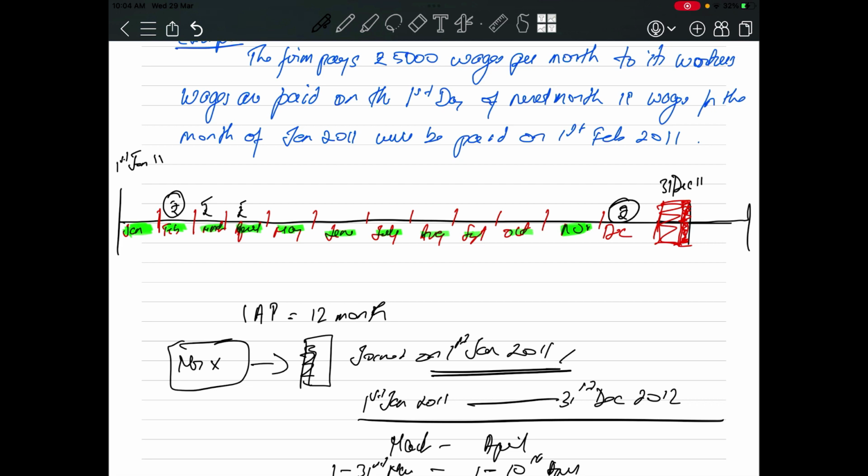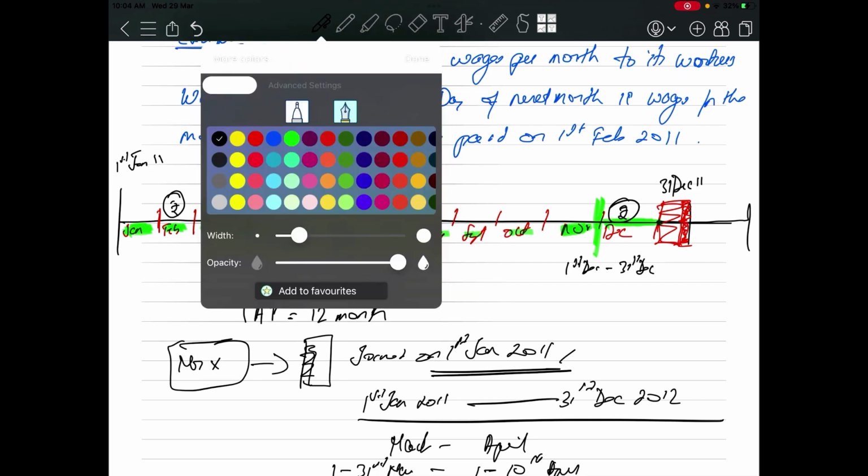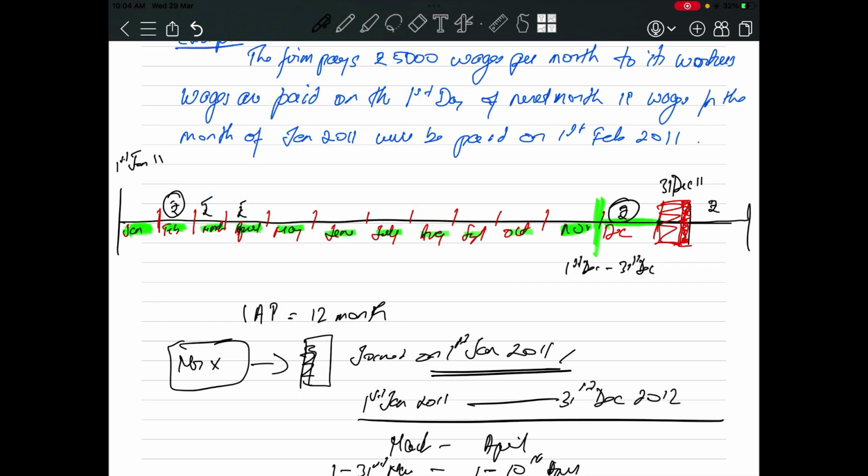Now, for the month of December, this is the part where we will have to understand outstanding expenses. For the month of December, he has done the whole work from 1st December to 31st December, and he will get his wages on the 1st of January, which is the next financial year.